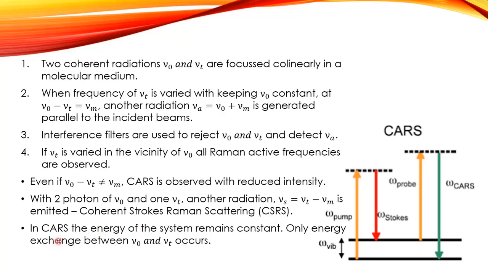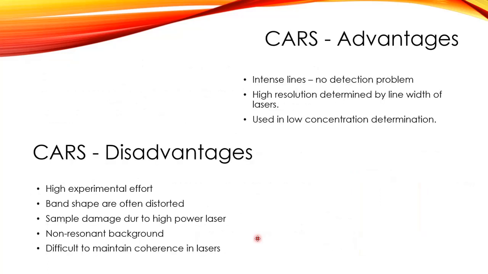In coherent anti-Stokes Raman scattering, the energy of the system remains constant. Only an energy exchange between nu0 and nu-t occurs here. The molecule does not absorb or give energy to the system.